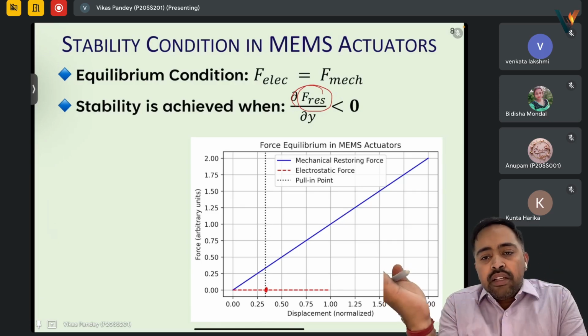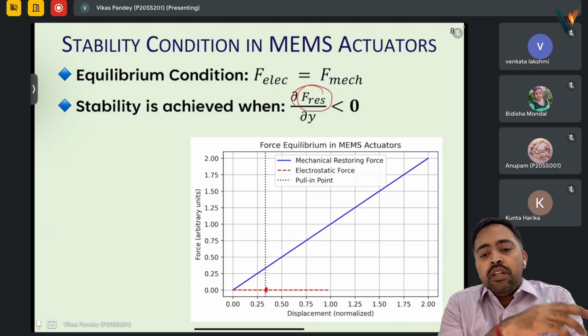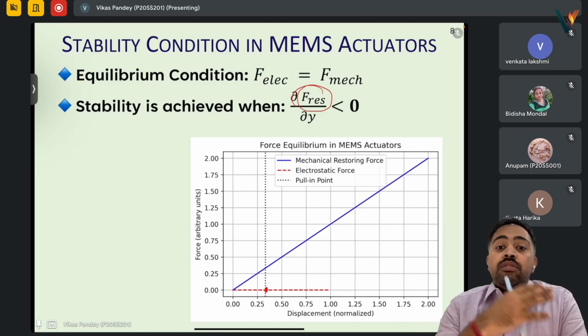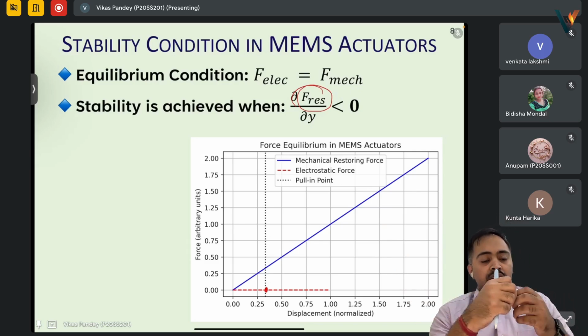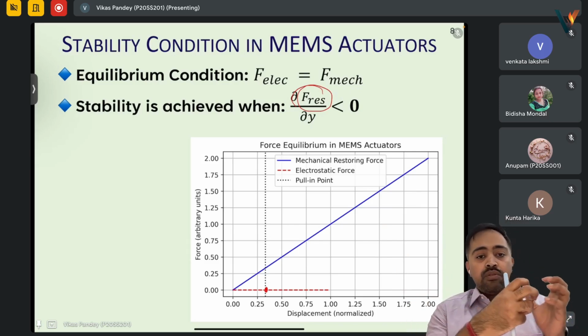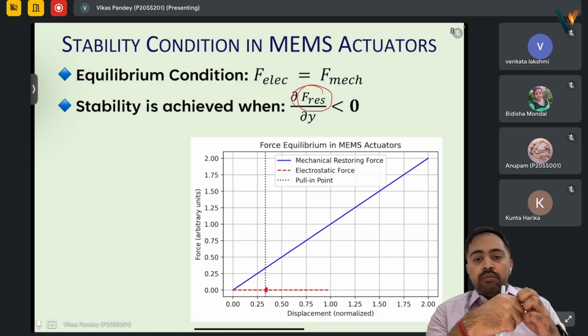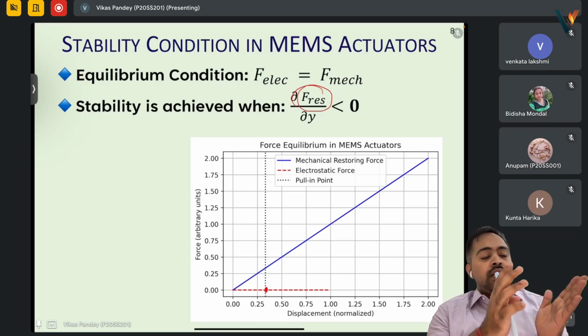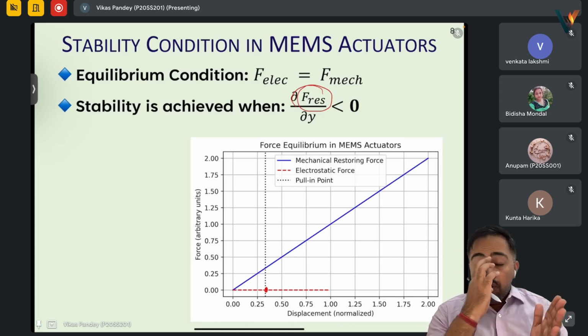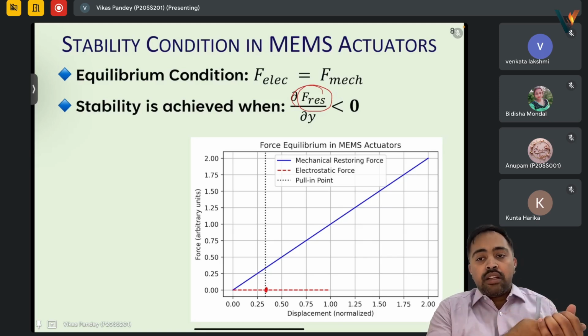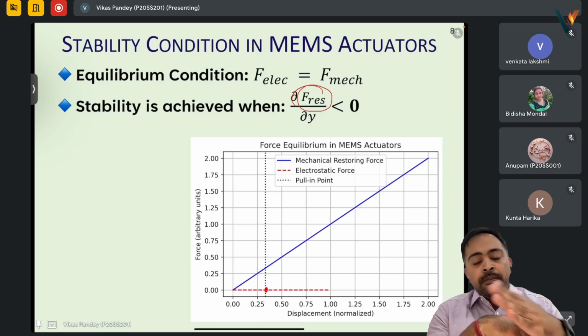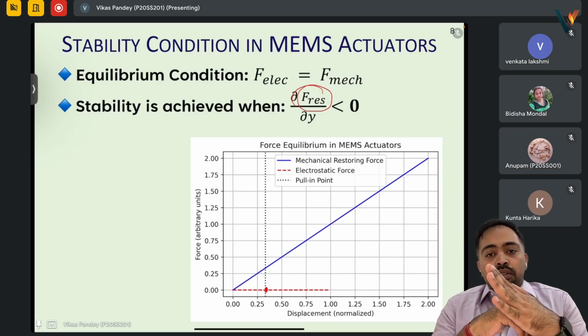There will be a mechanical restoring force that will try to increase with distance. As we increase the distance due to this voltage, more mechanical restoring force will be there, and it will be nullified due to the larger electric force. And as such, we will get an equilibrium position, that is, it is fixed at that position.